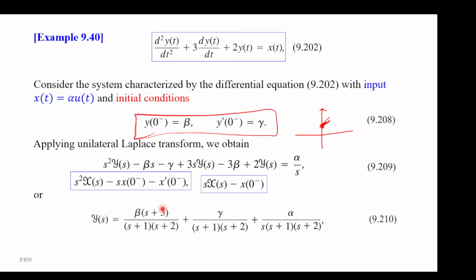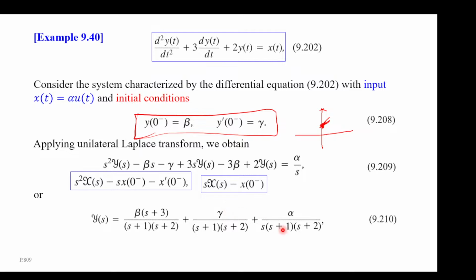You move it to the right hand side, so it's beta times s plus 3, and then divide by s plus 1 times s plus 2. The gamma term is just a minus gamma here, move it to the right hand side, so you have plus gamma.